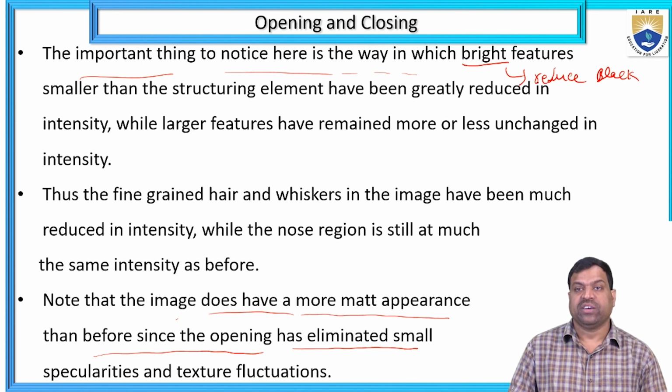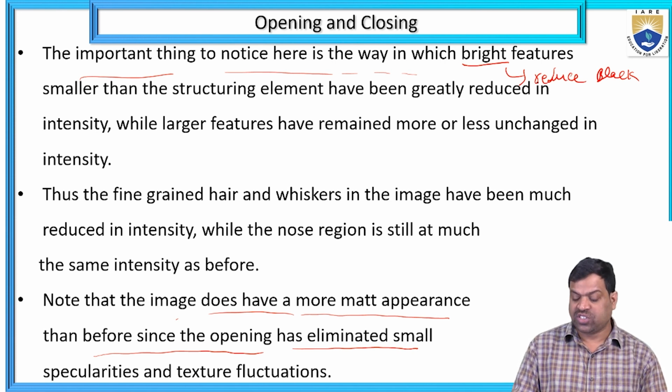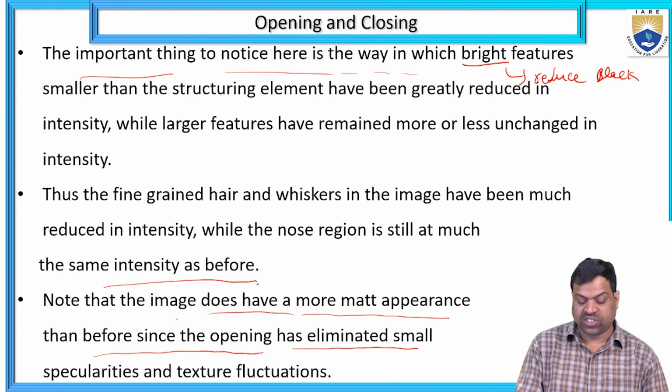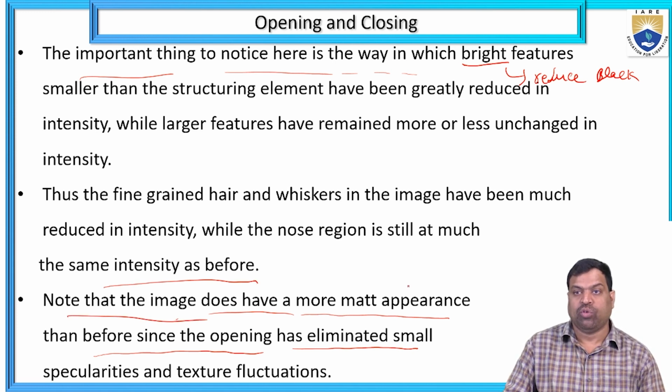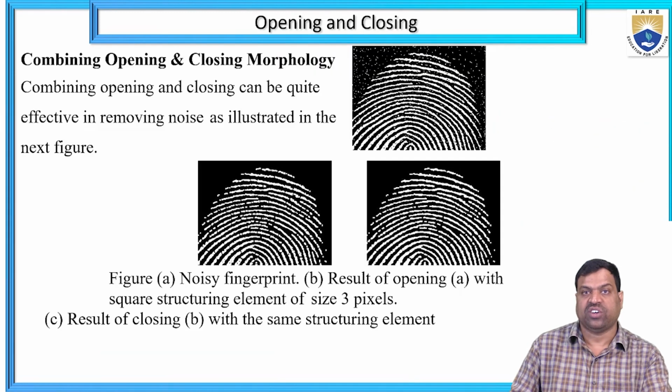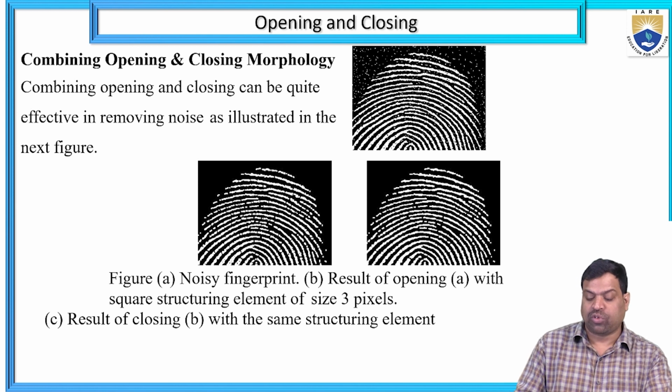The fine-grained whiskers in the image have been much reduced in intensity, while the region is still at much the same intensity as before. Note that the image does have more of a matte appearance than before, since the closing has eliminated the small textural fluctuations. Here we are combining opening and closing with morphology.